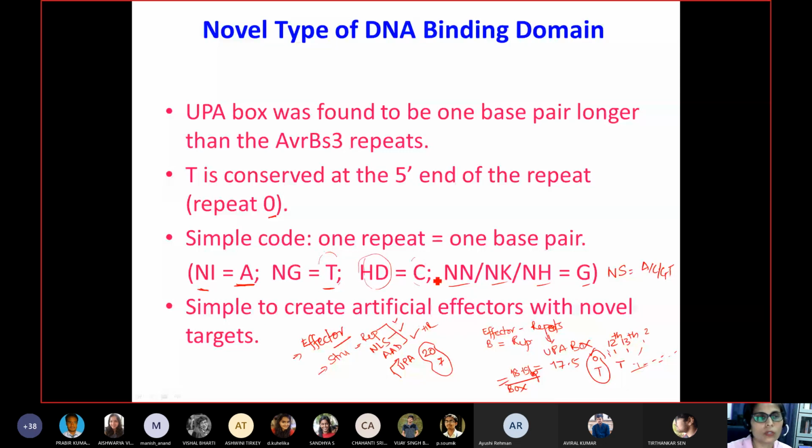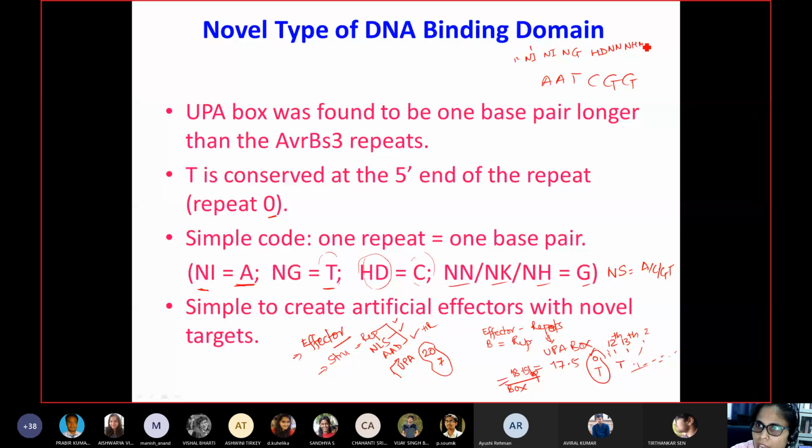So whatever sequence you have, for example, I want to target a sequence like AATCGG. Then I can create a protein which will have Ni in the 12th and 13th position of the first repeat, again Ni in the second repeat, Ng in the third repeat, HD in the fourth repeat, NN in the fifth repeat, and then NH, something like that.